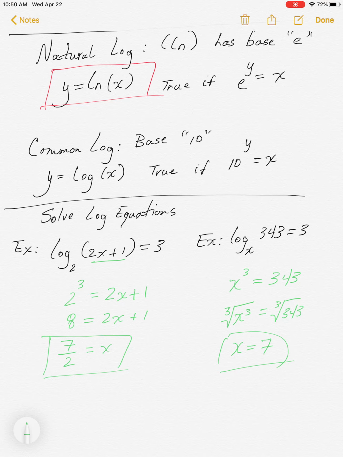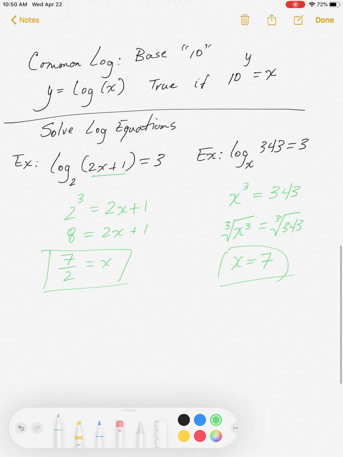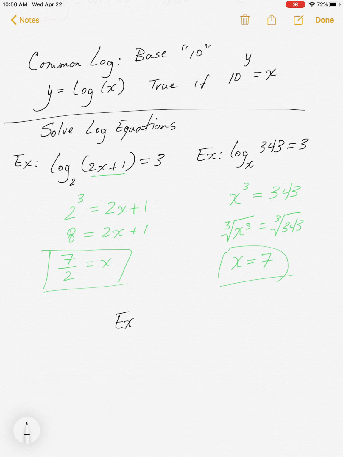And let's just throw one more in here for good measure. Let's say you have 2e to the 3x equals 6. Is the exponential on that side of the equal sign by itself? No, it's not.